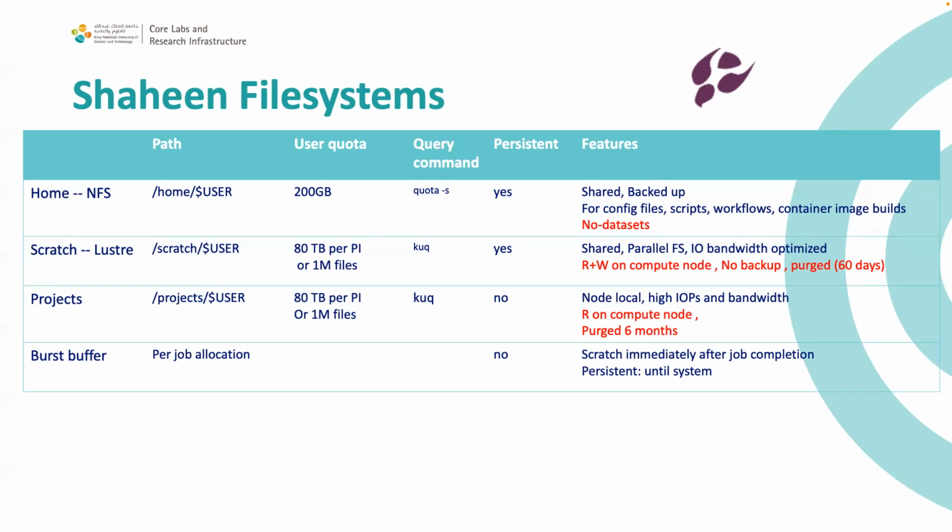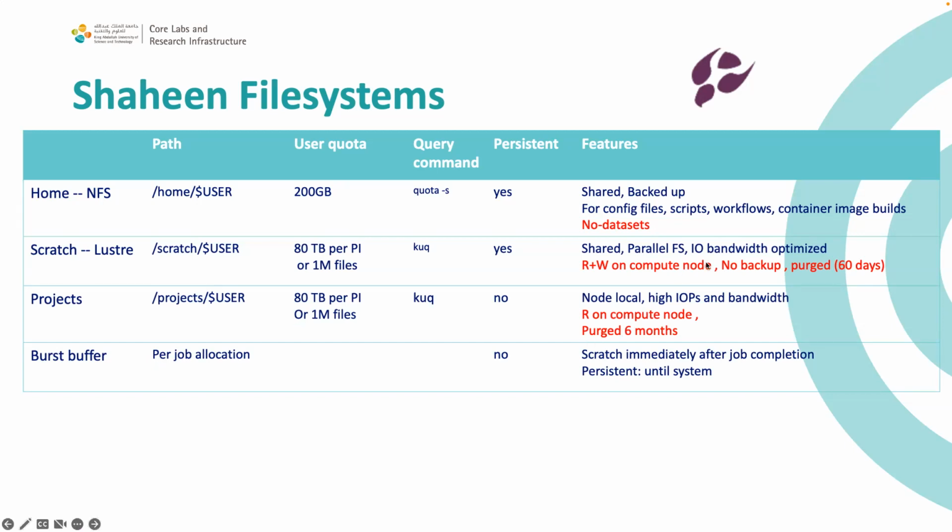Anyway, projects is something you can use to store some things safely. And then the burst buffer is something you have to ask for. If you have a very intensive IO procedure, you can apply for it. You have to write a ticket and let us know, I need this because I need to run faster.